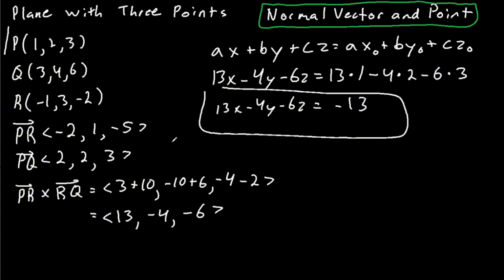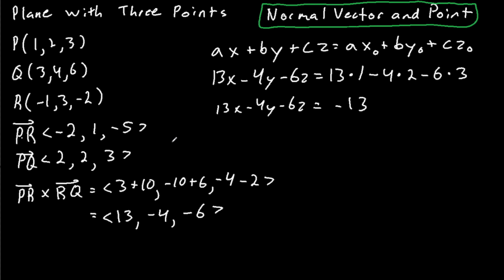Given 3 points, what do we do? We solve for two vectors that are flat against the plane from one point, and then we take the cross product of them.